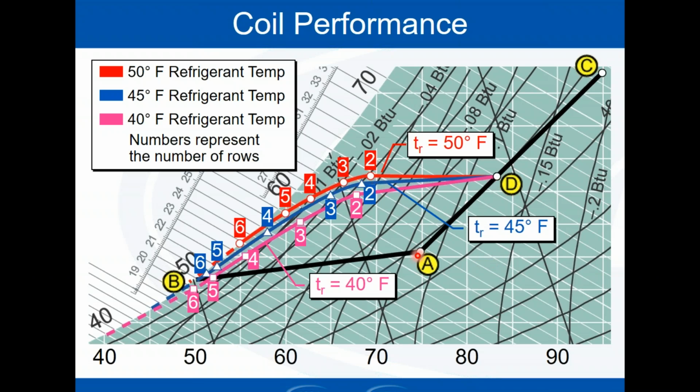In this case, my space is A. If I made the space colder, instead of 75 degrees, it was 70 in my space, I would be over here, which means my mixed temperature between A and C would still be D, but instead of D being there, D would be over here, which means all of this stuff would shift down. So my space won't have a noticeable effect on the sensible heat ratio, but it will have a noticeable effect on the outcome of the temperatures of everything involved.